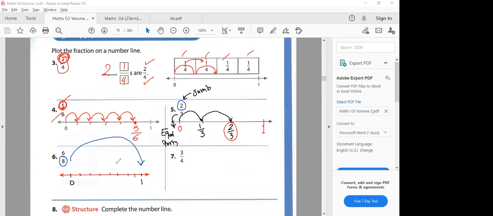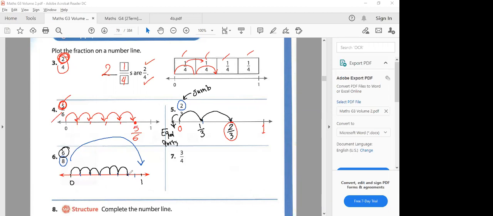Okay, Ahmed. So now we have 8 equal parts in the number line. Now we need how many jumps? Now we need 6 jumps. Okay, so first 1, 2, 3, 4, 5, 6.